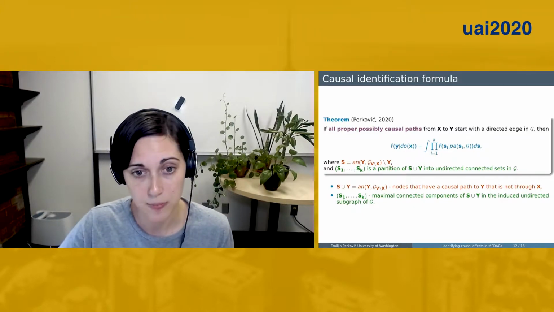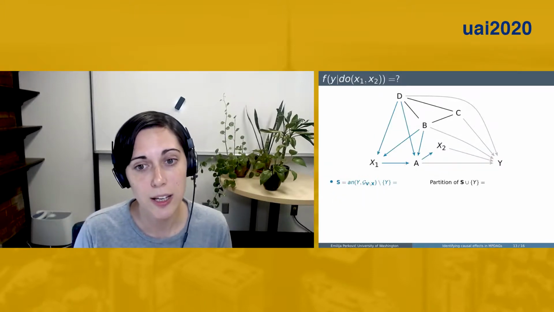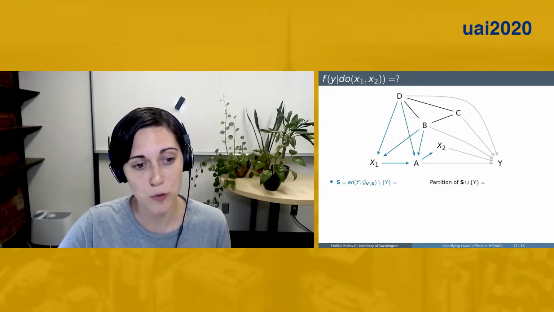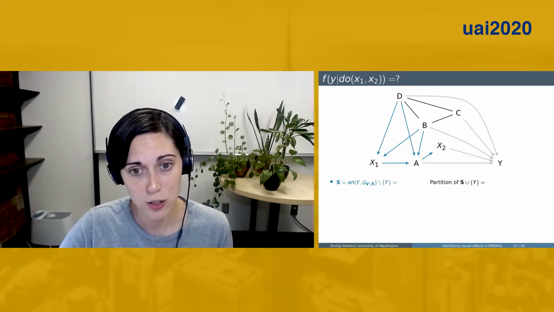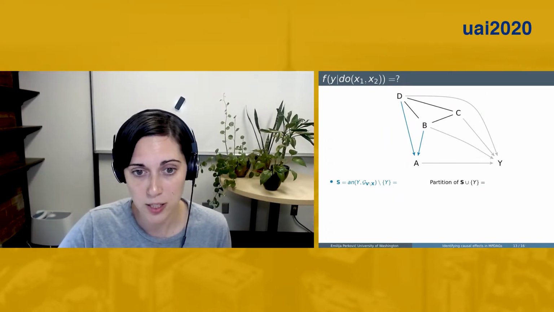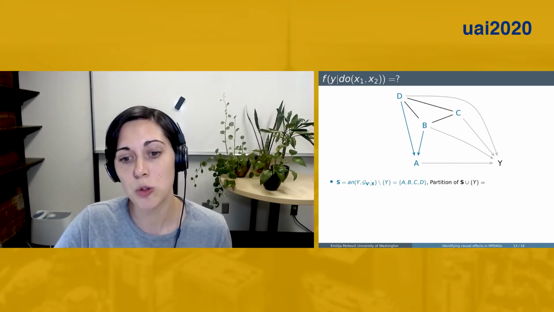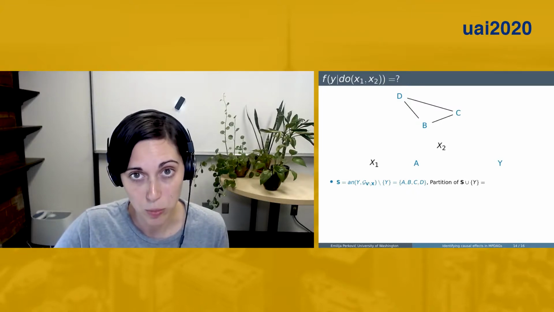of the MPDAG. So let's see how we can, for example, find this formula in this MPDAG, right? So we're interested in f of y given do x1 and x2. So first we find the set S. So we find ancestors of Y not through X. To do that, we first remove X, and then we see that A, B, C, and D are ancestors of Y. Next, we want to partition this set S in terms of the undirected connected components.